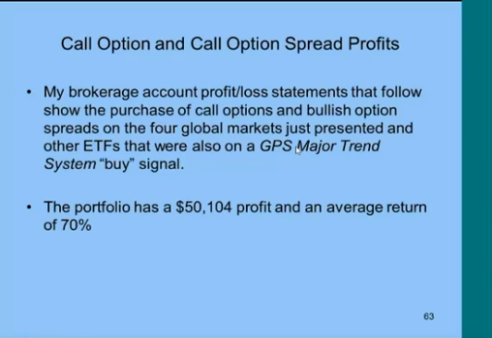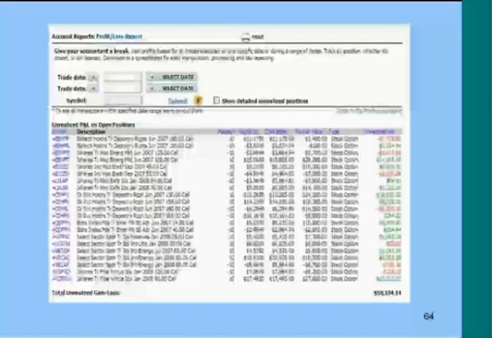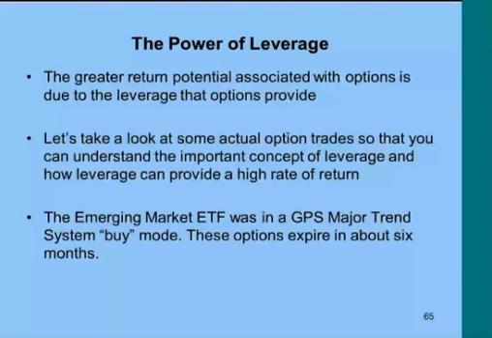This portfolio had a $50,000 profit and an average return of 70%. Again, I purchased these options and option spreads based on the major trend buy signal that I had at the time. So these are just examples of option trades I took using the major trend system.